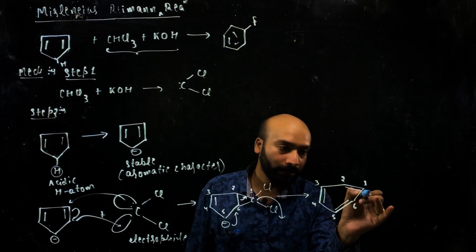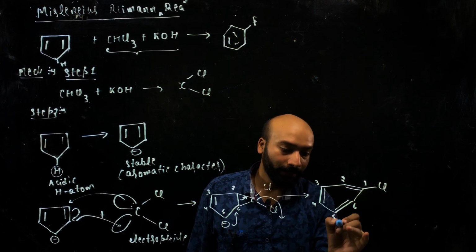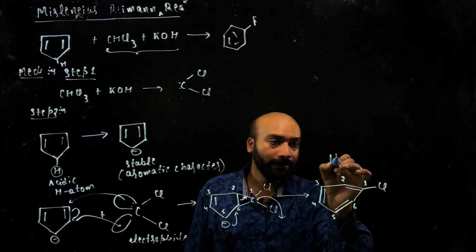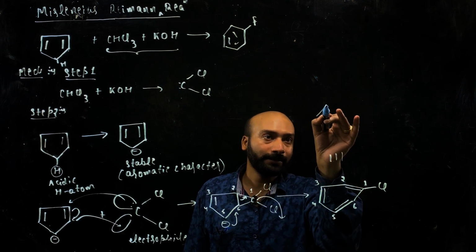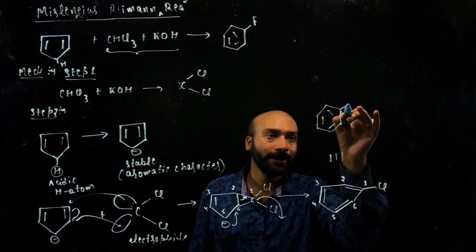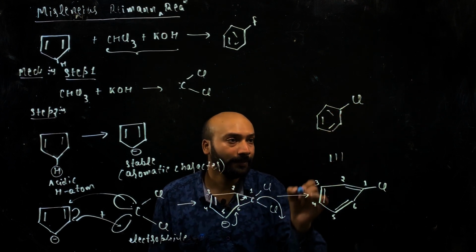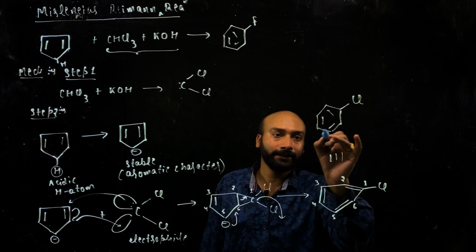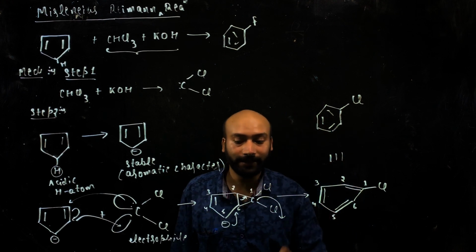So the 1 carbon now contains 1 chlorine atom. I can write it the same way. Can I write it in this way? This is the very simplest way to write. This one is the chlorobenzene.